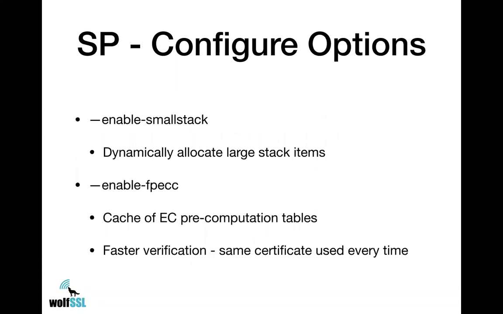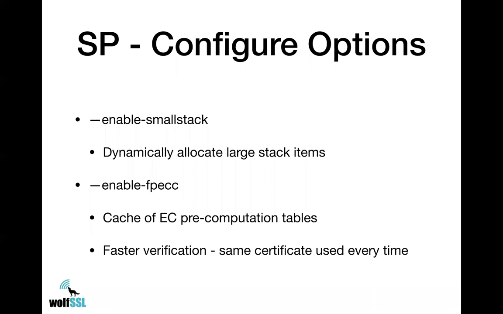You can also enable small stack. So that's a feature that cuts across all of the wolfSSL code base, and each of the functions where we would usually have large stack items, large items going onto the stack. Maybe we'll have temporary multi-precision numbers or single precision numbers.